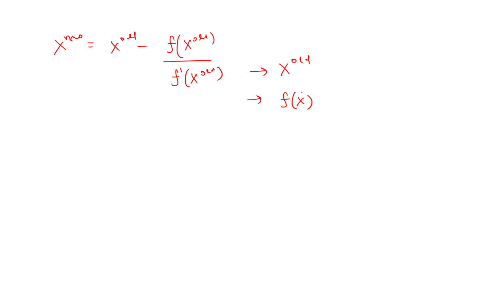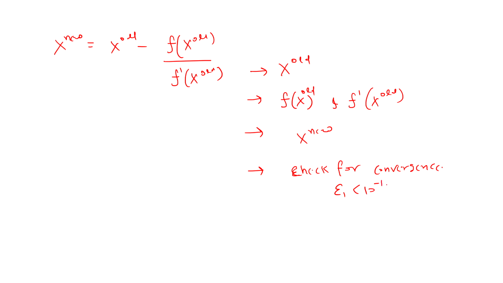So what essentially we are doing: we have x new equal to x old minus f of x old divided by f prime x old. So we start with x old. This is my step 1. We will calculate f of x old and f prime x old, and then we will calculate the x new, and check for convergence, which is error 1 should be less than the threshold and error 2 should be less than the threshold.